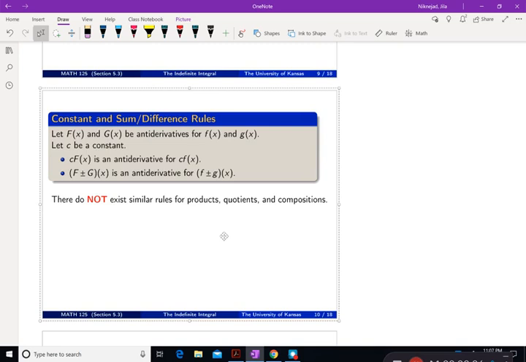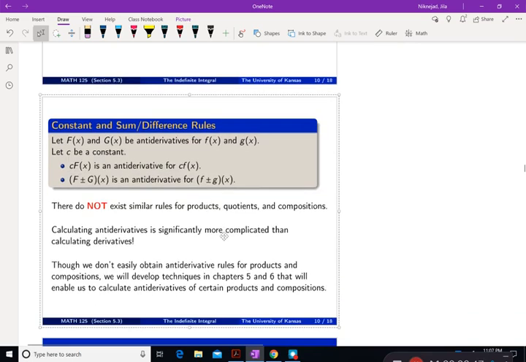We don't have any specific rules for product or quotient or composition as we did with derivatives. So calculating antiderivatives is significantly more complicated than calculating derivatives. Specifically, we don't have any product rule.